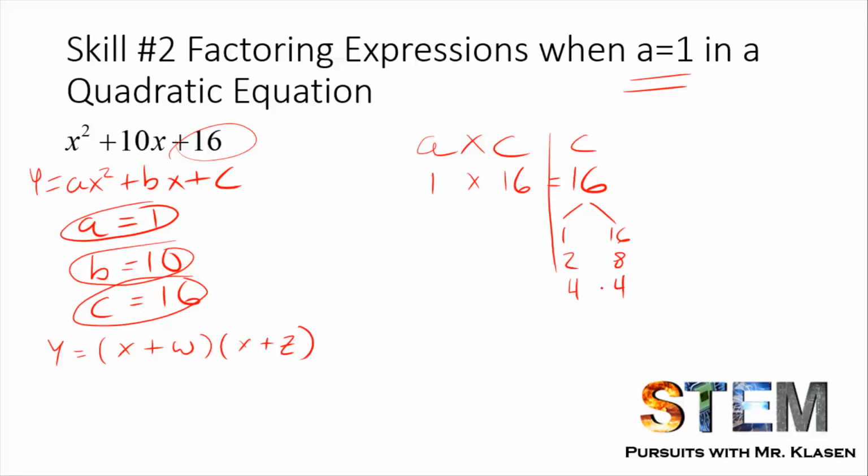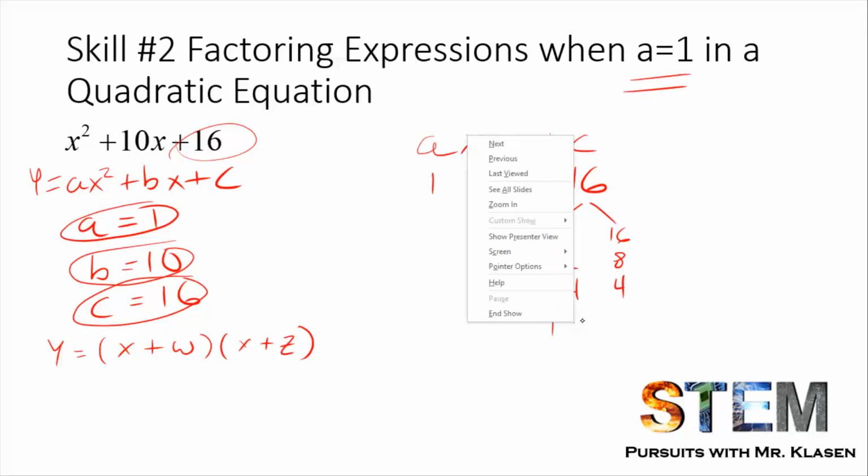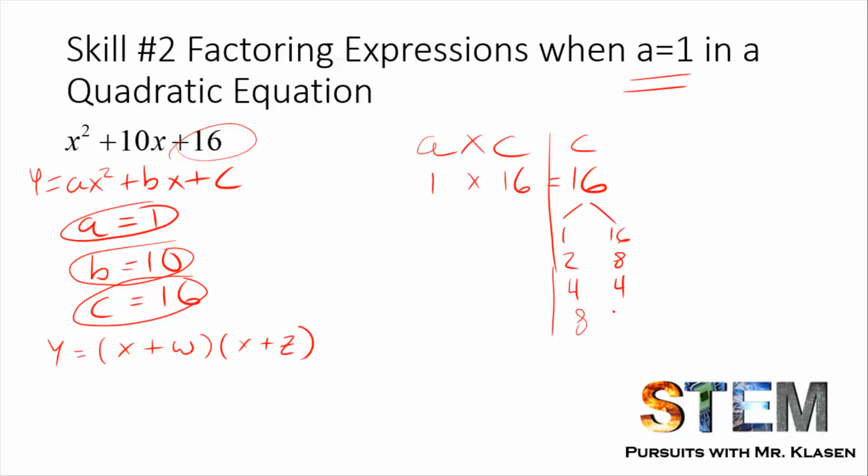And if you're not sure, sometimes I just take my calculator and start dividing a number by all of its primes. So divide by 1, divide by 2. If I divide by 3, it'll give me 5 and 1/3 or something like that, and I know that's not a situation I'm looking for. We can go 8 and 2, but then we just start repeating all the things that we have, and we start over.